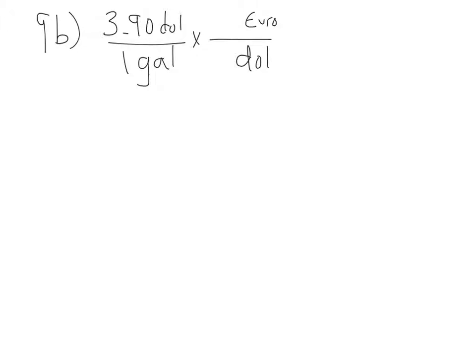Now, looking at the question, I know that my conversion factor is that $1 is 0.76 euros. So that's my conversion factor. Here I notice that the dollars cancel. And if I were to stop here, I would figure out how many euros I have to pay per gallon. That's not what I want. I want to know how many euros I have to pay per liter.